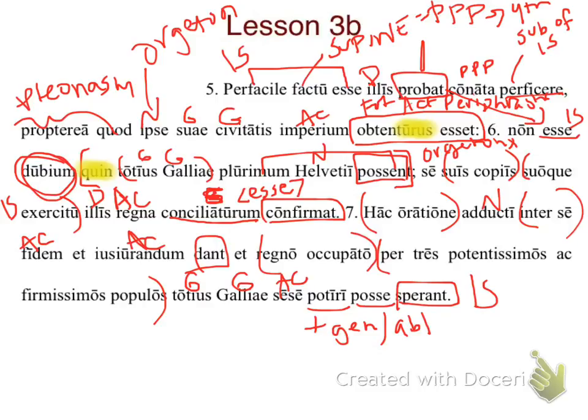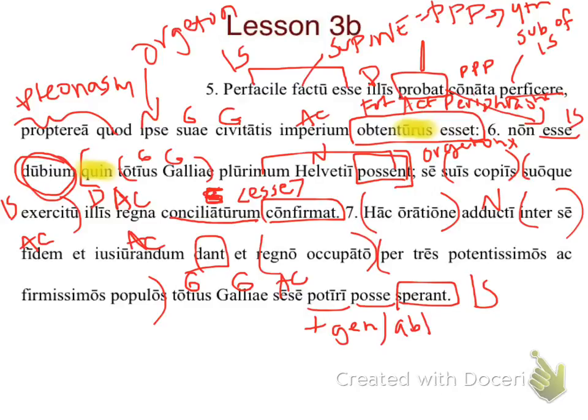Will win over kingdoms for them with his own army and his own supplies. That's pretty convincing, huh? Or it's bold. Okay, is everybody okay through that sentence?